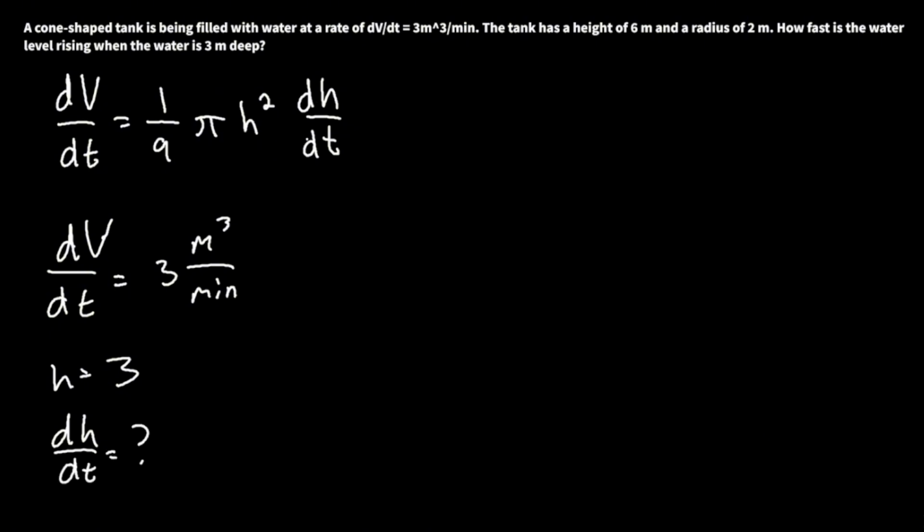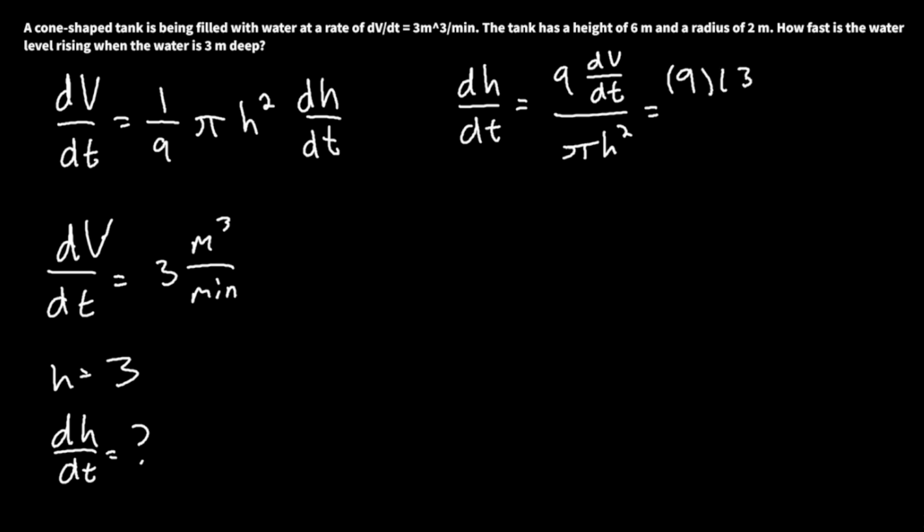So we can isolate dh over dt by dividing both sides. Doing some algebra, you get 9 times dv over dt divided by pi h squared. If we plug all our known values in, 9 times 3 over pi times 3 squared, you should get 3 over pi.